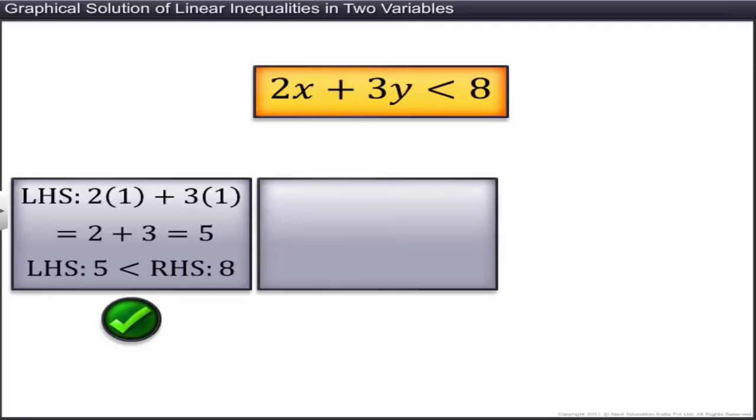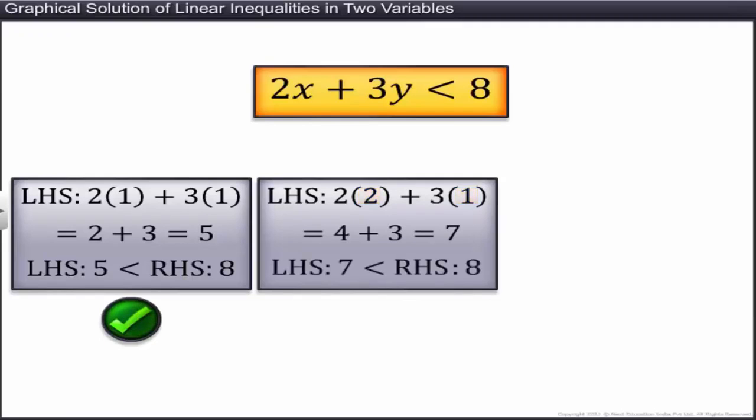Now, we will substitute 2 in place of x and 1 in place of y. The value of the left-hand side is less than the value of the right-hand side. We can say that x equal to 2 and y equal to 1 is a solution of the inequality.